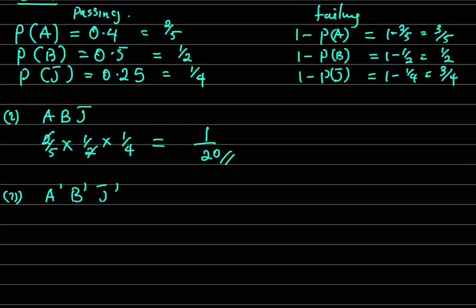So A not passing is 3/5 times B not passing is 1/2, then times J not passing is 3/4. If you check it out, we are going to have 9 over 20 times 2, which is 9/40. So this is the probability that none of them will pass.